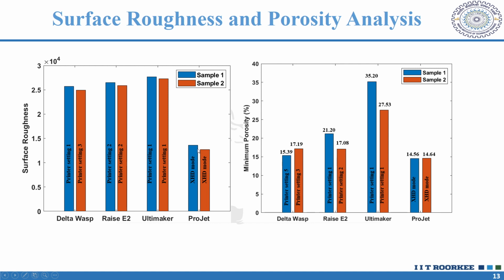In case of Project, it works in different modes. So XHD mode is the optimal setting, meaning minimum surface roughness and porosity are present in the samples. So in this way we can determine at which optimal setting minimum roughness and porosity are present in a particular sample.